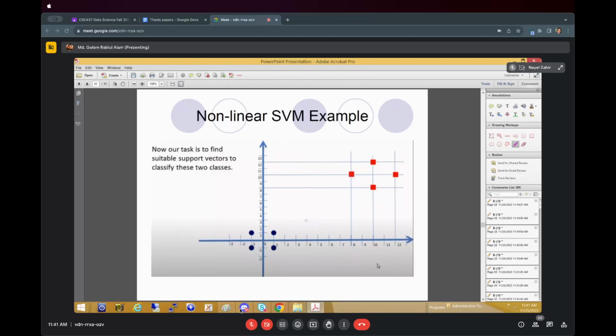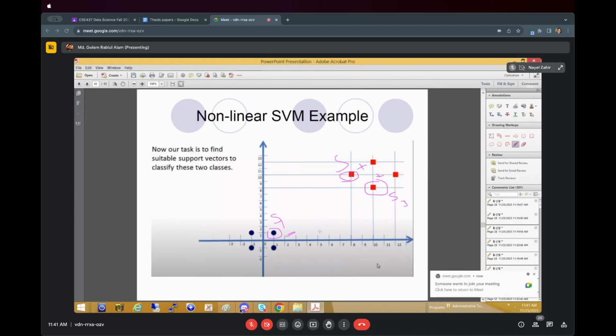At first maybe we need to think about the support vectors. In this case, we can consider this is one support vector, this is our S1, and this is another support vector, S2, and this is another support vector, S3. So these two are from the positive class, and this is the negative class.